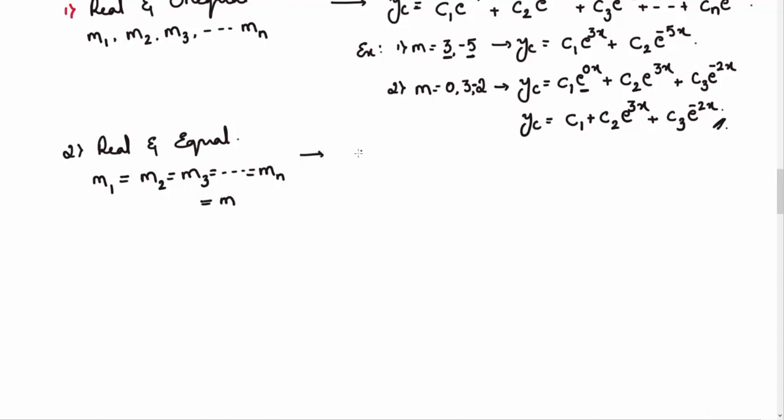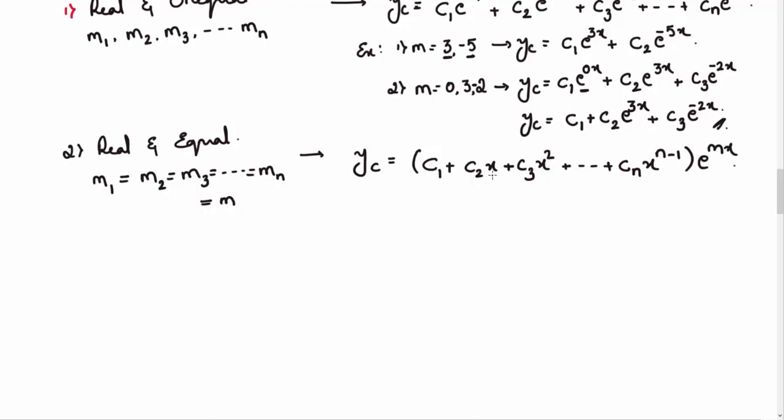Then the value of yc is given by c1 plus c2x plus c3x square plus so on plus cn x to the power n minus 1, into e to the power mx.